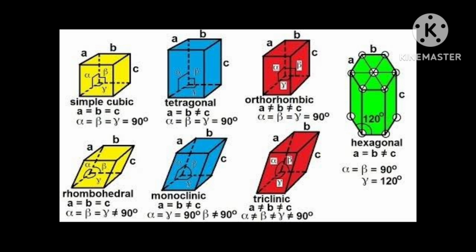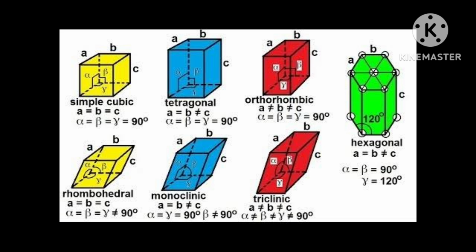Now, the fourth crystal system, that is the hexagonal. Here you can see only one possibility is there, that is the primitive, meaning particles will be only on the corners.